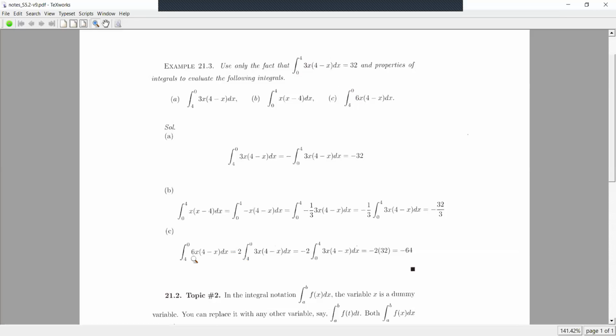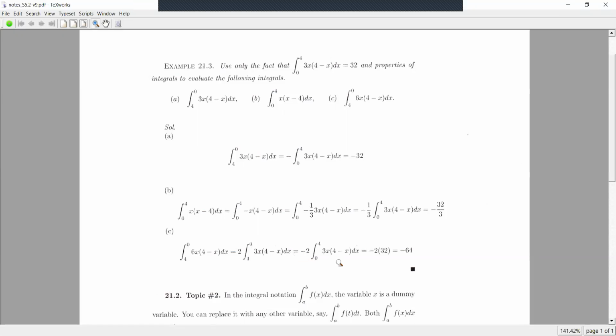Okay, first, 6 is 2 times 3. Let me take the constant 2 outside the integral to get this equation. Next, I switch 4 and 0 by adding a negative sign. Then I have this equation.